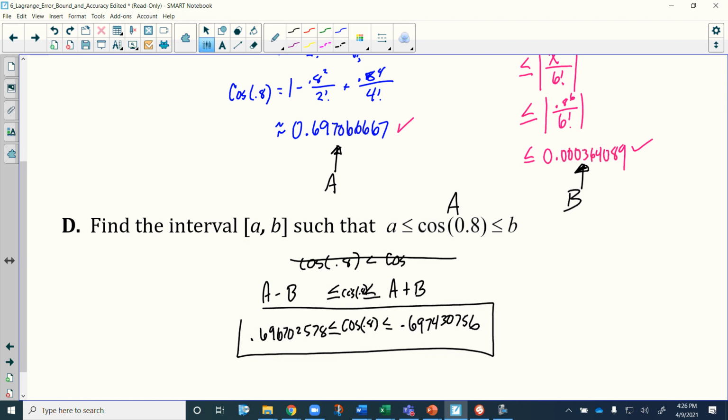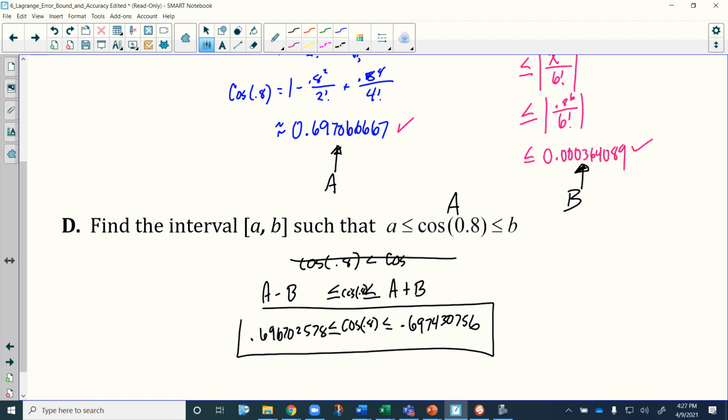So that concludes what we're talking about for the Lagrange error bound and how we determine its accuracy. Remember, the Lagrange error bound is essentially, once you know the error, you simply add or subtract that to the value that we're approximating with to get our upper and lower bounds.